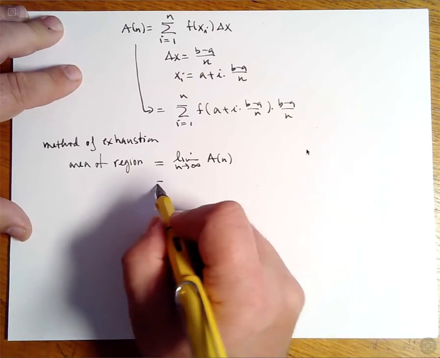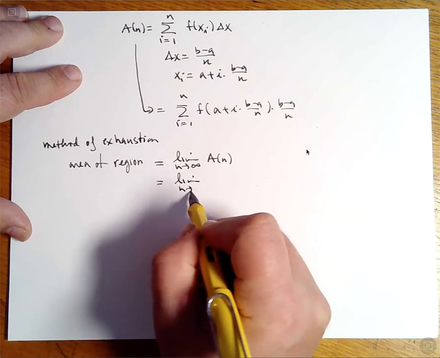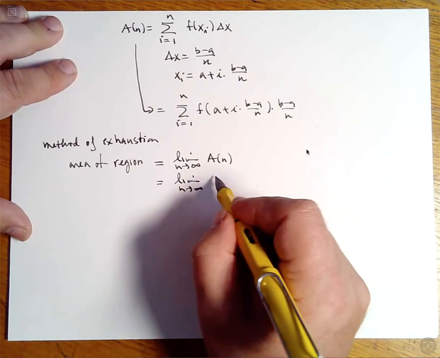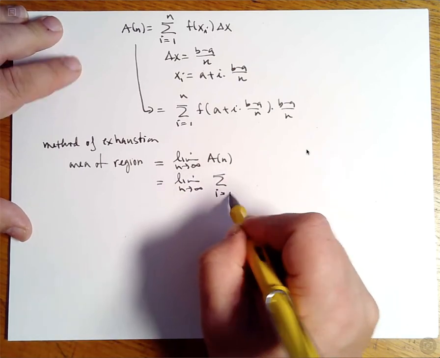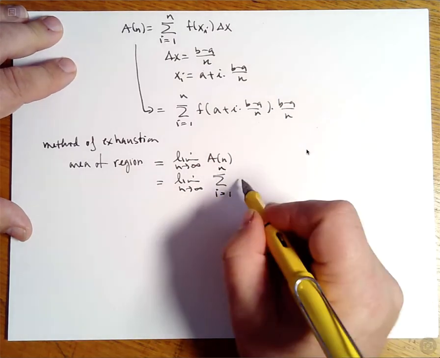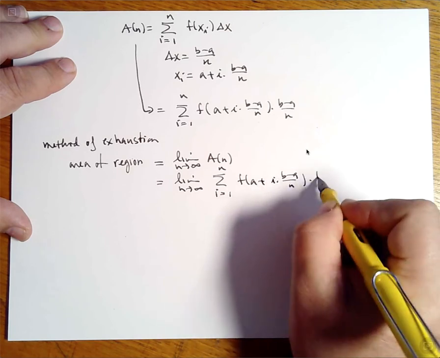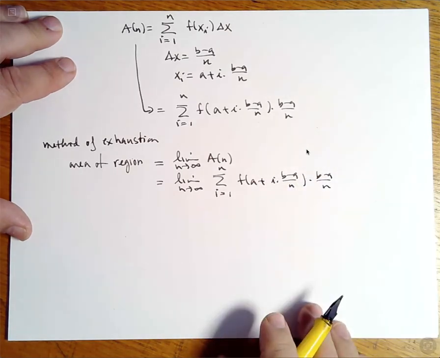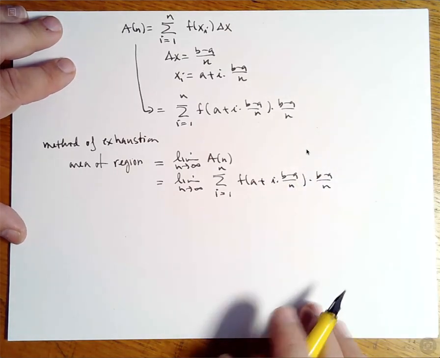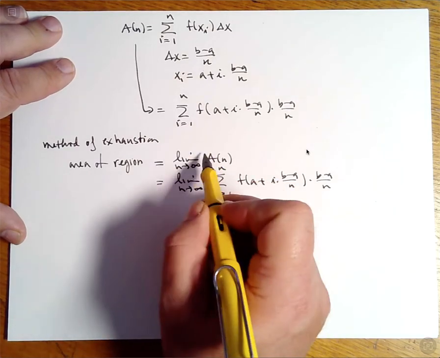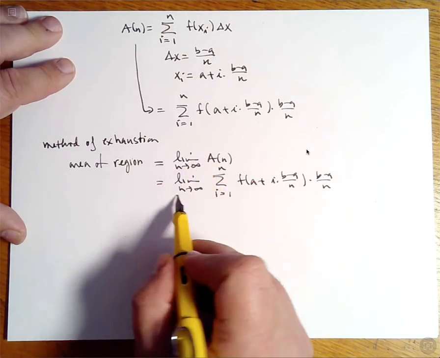Specifically, the area of the region is going to be exactly equal to the limit as n goes to infinity of the sum as i goes from 1 to n of f of a plus i times (b minus a) over n, times (b minus a) over n. So the method of exhaustion is taking this limit. The method of exhaustion is giving us this thing right here.